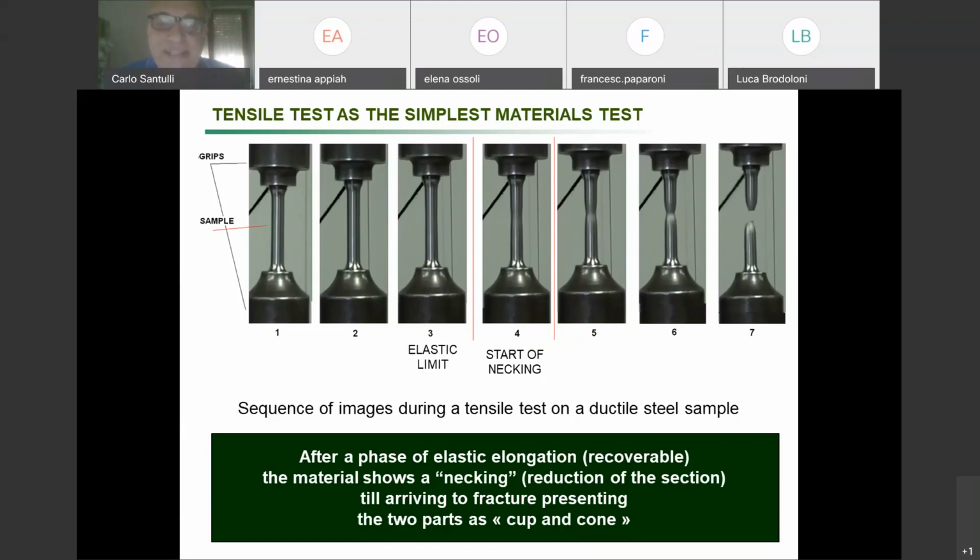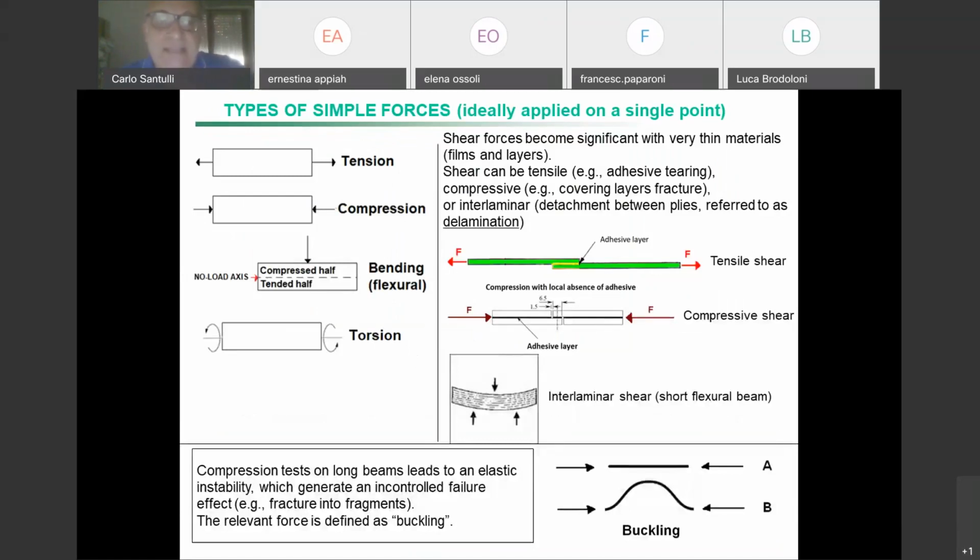It's also that obtaining a pure tensile force is easier than obtaining, for example, a pure compression force, as I was showing with buckling before, or a pure flexural force, because, as you may remember from the previous slide, bending is the combination of compression and tension.